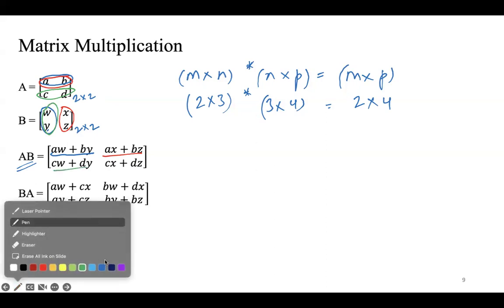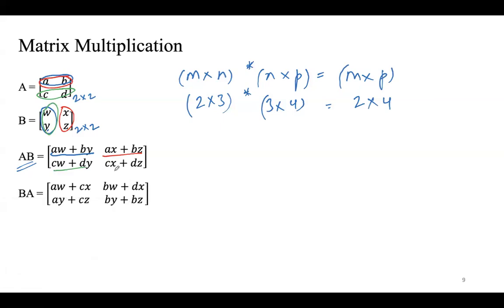And for the second row, second column of your output, you take the second row, second column. If instead it was B into A, this becomes your first matrix and this your second, so you do W into X and A into C, something like that. The same thing gets extrapolated when you have more complicated matrices.